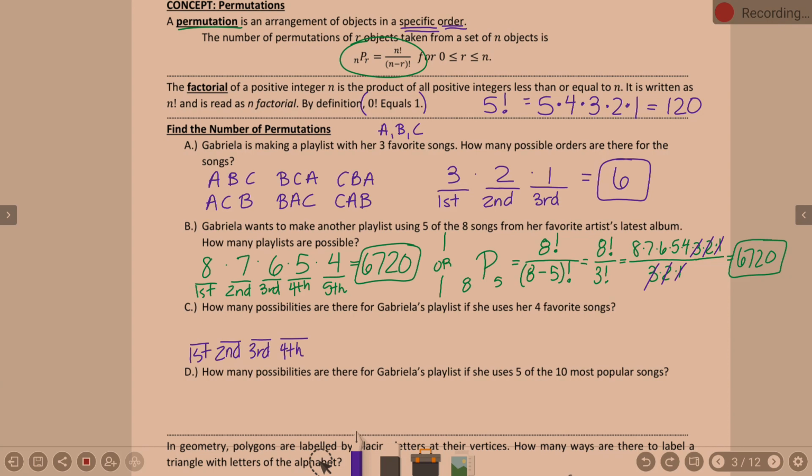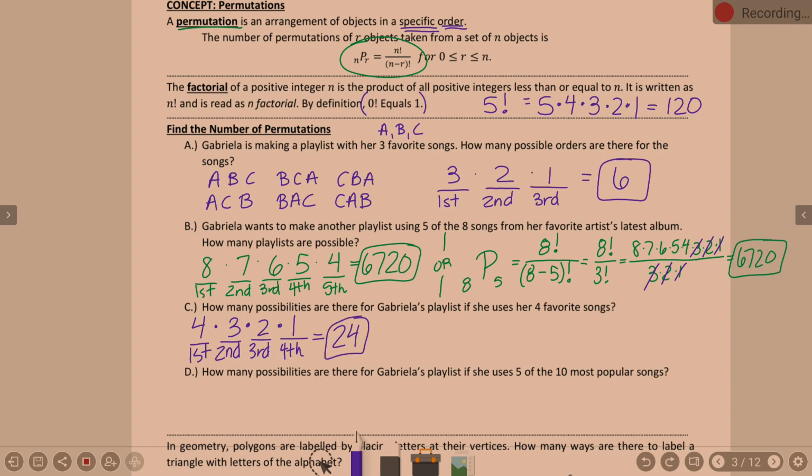In the first spot, she can pick from how many song choices? 4. She puts a song in that first spot. How many choices for your second spot? 3. How many choices for the third spot? 2, and that takes us down to 1. 4 times 3 times 2 times 1 is 24. So she has 24 orders to pick from.